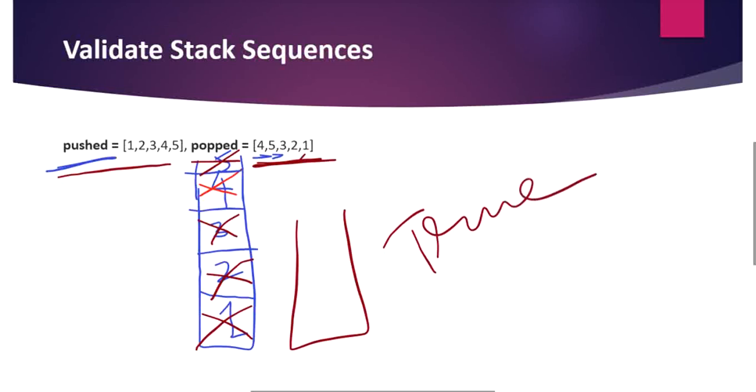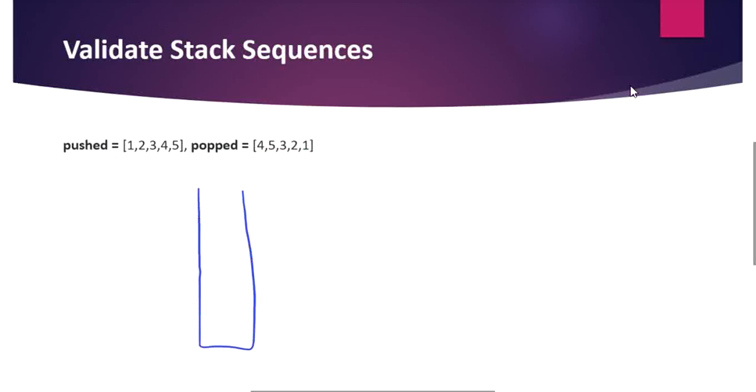So how do we approach this in code? Let's have an external stack to do this operation. We are going to push our first element to the stack and check if the first element in popped is the element we pushed, because if it is, we have to pop it.